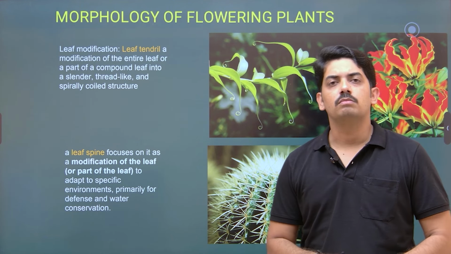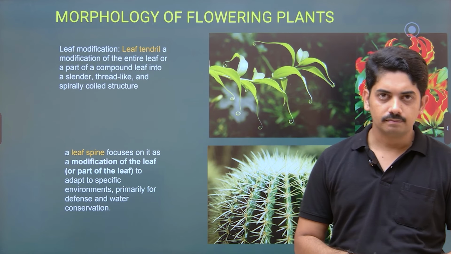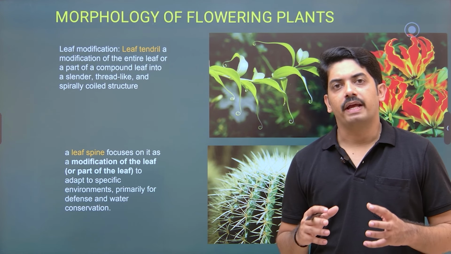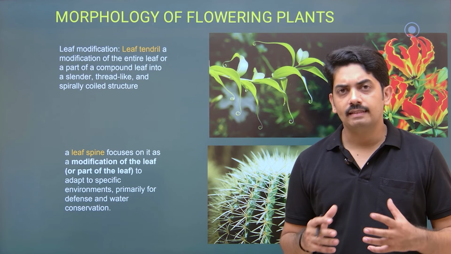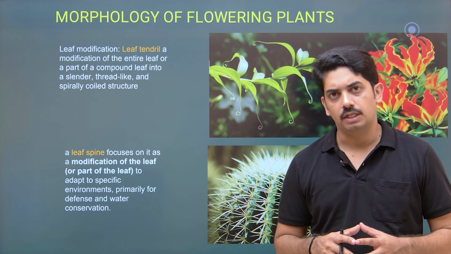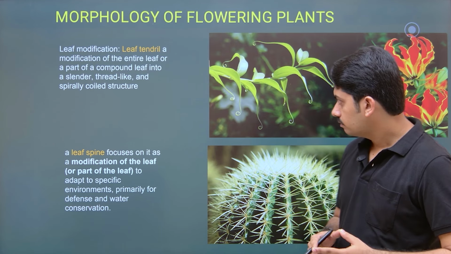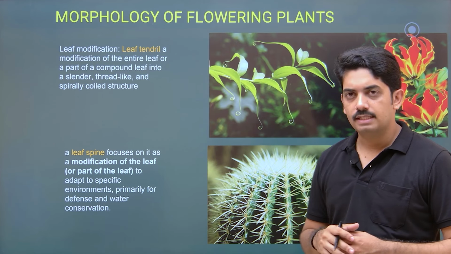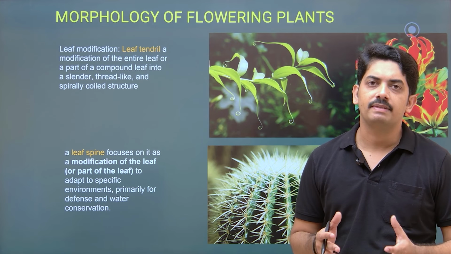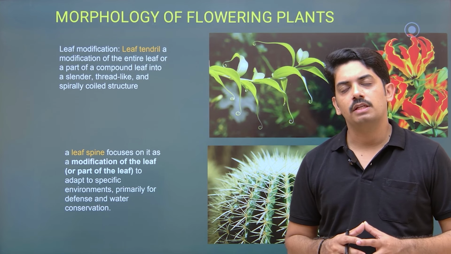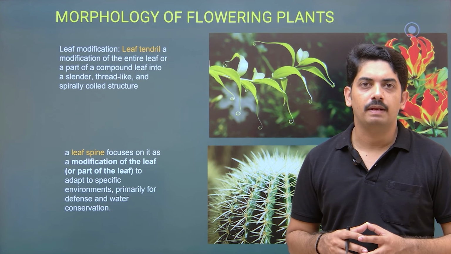Now coming to modification of the leaf. We know the primary function of the leaf is photosynthesis. But other than this, they perform different functions in different plants. One example is leaf tendril. Already we studied what is stem tendril. The stem tendril's function is to support weak stemmed plants.